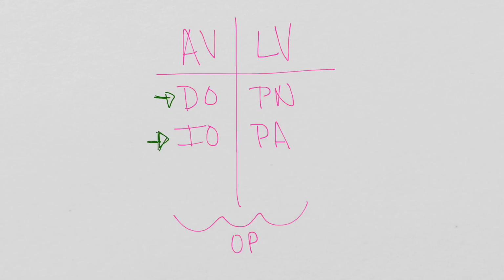We know that an indirect object gets the direct object. We now also know that the predicate noun comes after a linking verb and renames the subject. And we know that a predicate adjective comes after a linking verb and describes or modifies the subject.